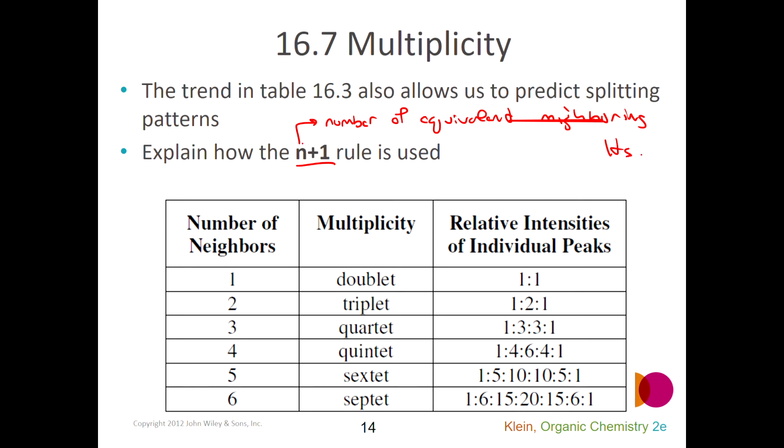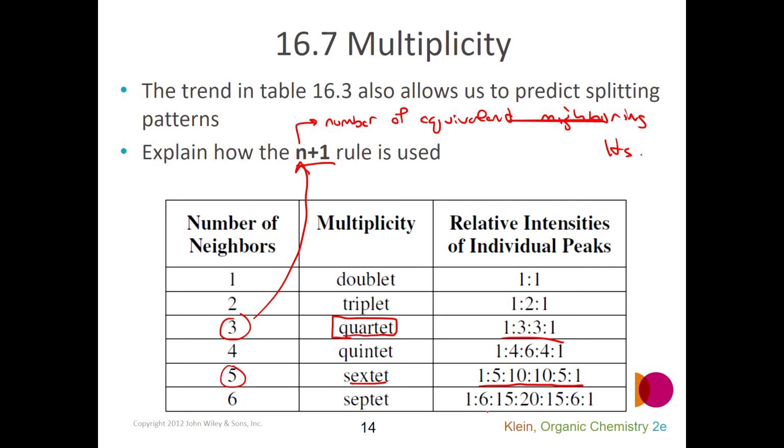Whatever that number is, plug that number in here, add 1, and that tells me how many signals it should be split into. So if there are 3 neighboring hydrogens, 4 signals gives me a quartet. If there are 5 neighboring hydrogens on the neighboring carbons, 5 plus 1 is 6, so I see a sextet, or a 6 signal pattern.